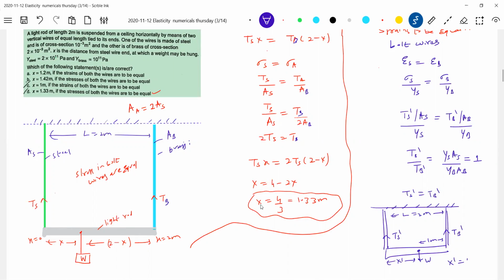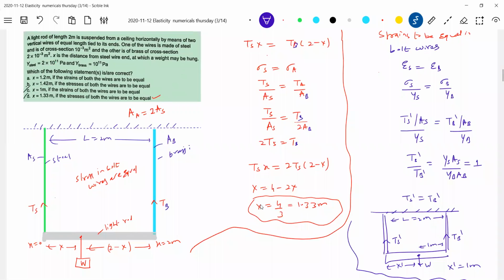So what should be the x dash? 1 meter. Fine. So these are the types of torque problems, everything, no? So get ready for all things. What is elasticity? Your elasticity is only this much. Young's modulus is equal to stress by strain. Finish over. Rest all everything you already know.